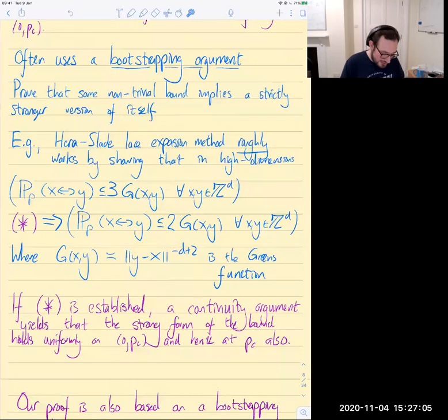If I ever started to go a bit above this 2, then I'd still be below the 3, and therefore I'd be back below the 2 again. So it's not totally immediate, but this implication plus the continuity argument means that this bound holds on the whole subcritical interval, and then you're done. You've proven there's no percolation at PC, and in fact you've proven way more because you have this quantitative bound.